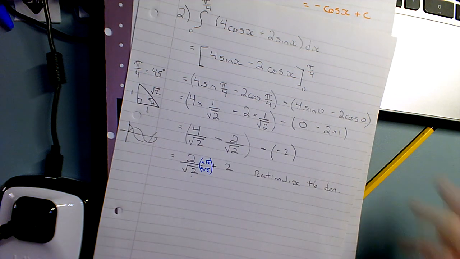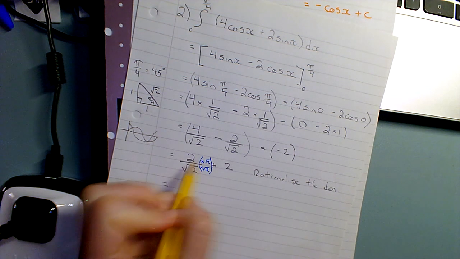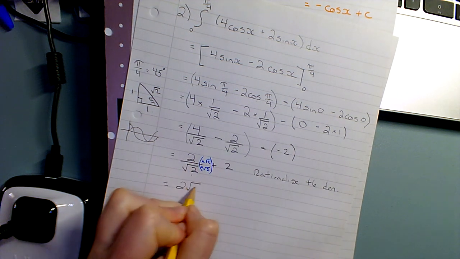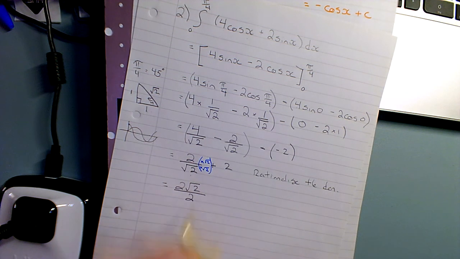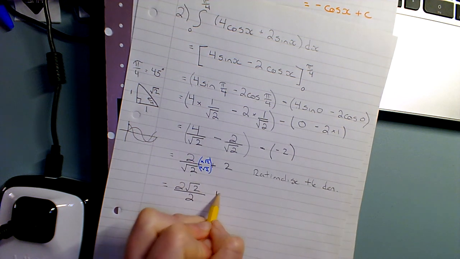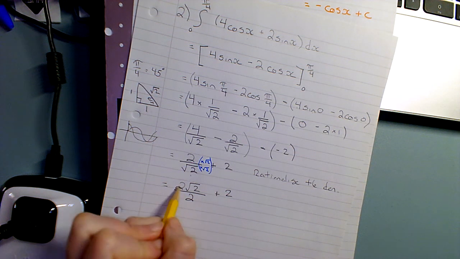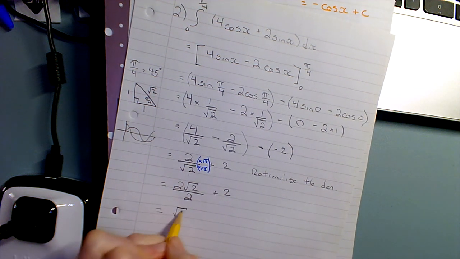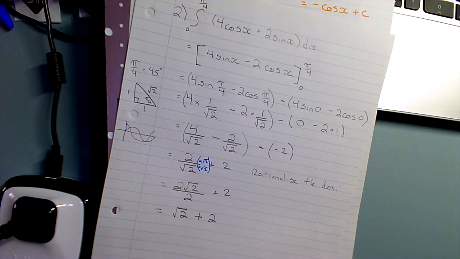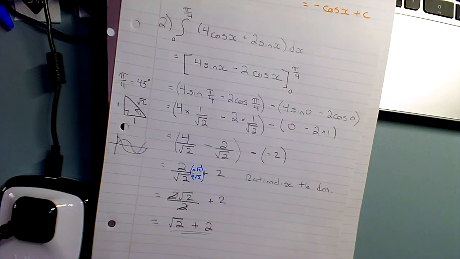Going back to some National 5 work. So we have 2 times root 2 on the top. Root 2 times root 2 just gives me 2. And we have plus 2. So now, when we look at this, we can simplify, and we have 2 over 2, so that's just going to give me root 2 plus 2, because I can cancel those down. And there, that is my definite integral for my function.